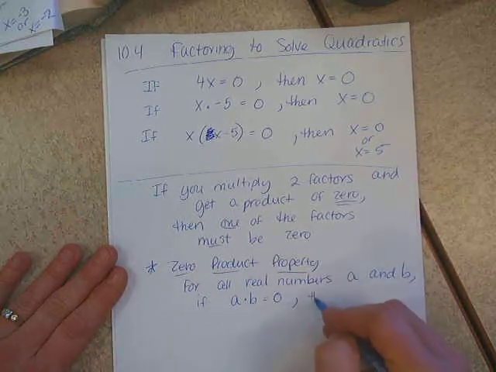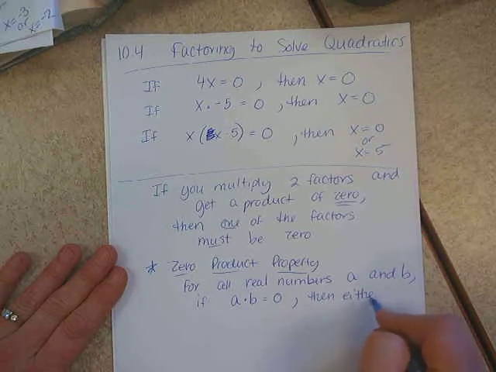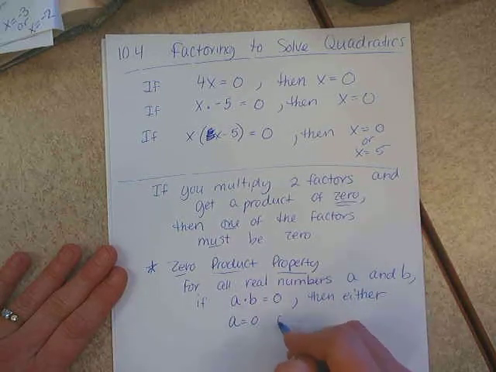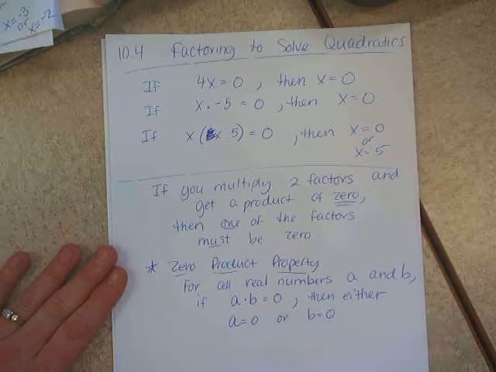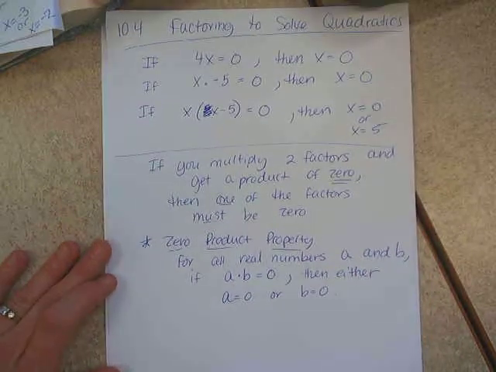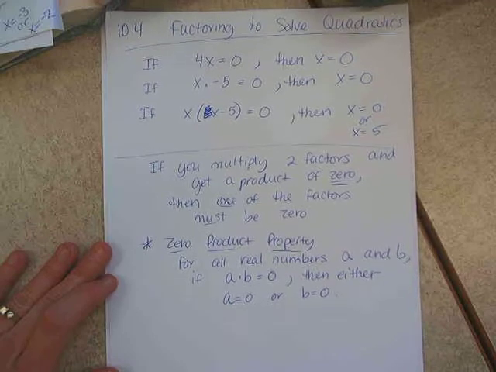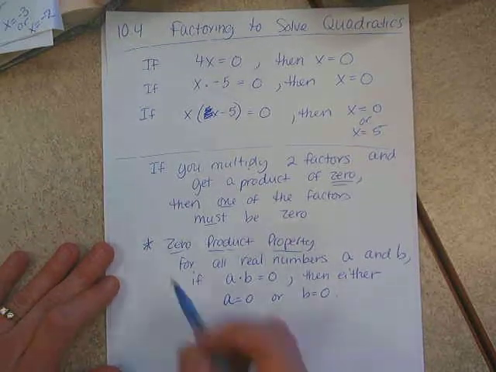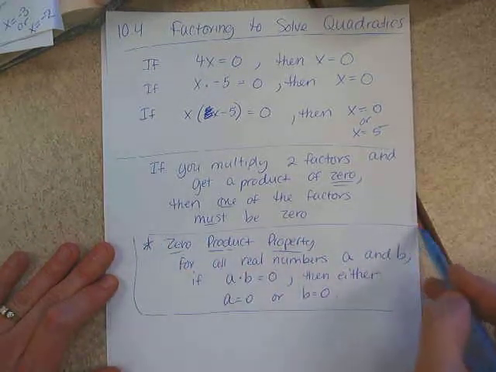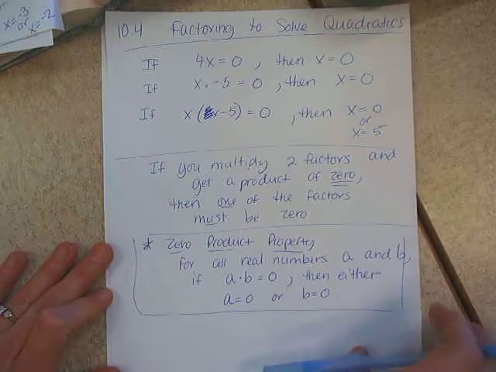If A times B equals 0, then either A equals 0 or B equals 0. Either one would make that equation true.